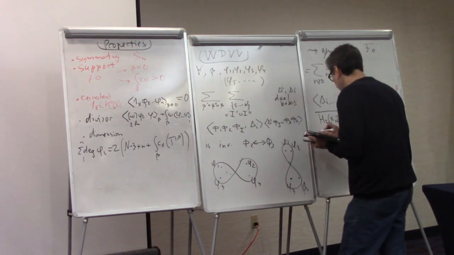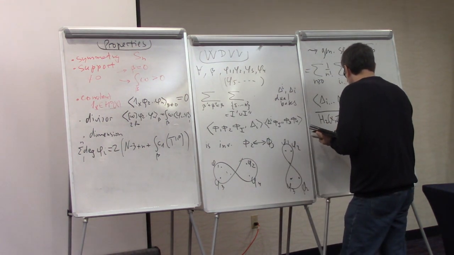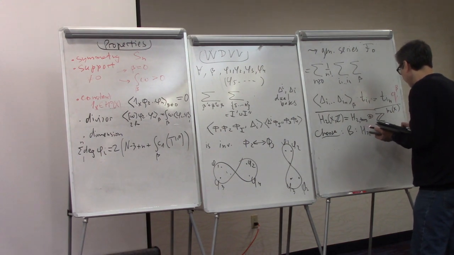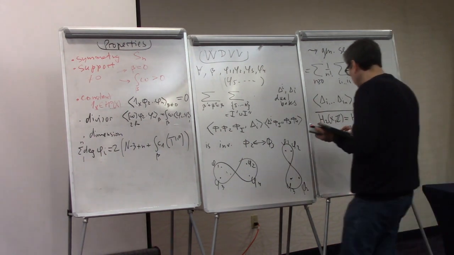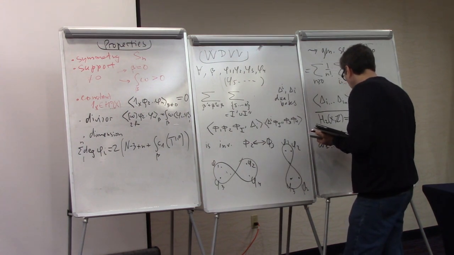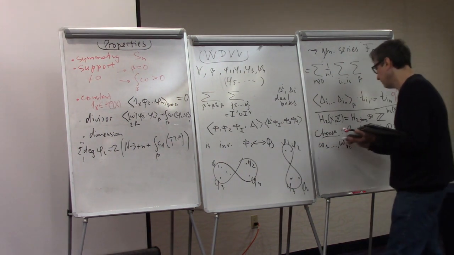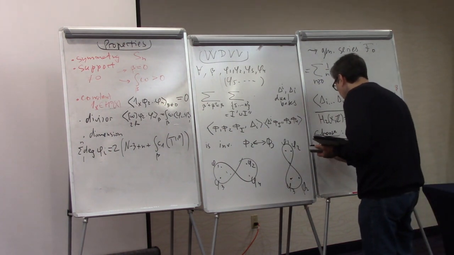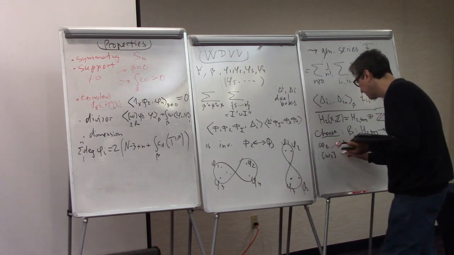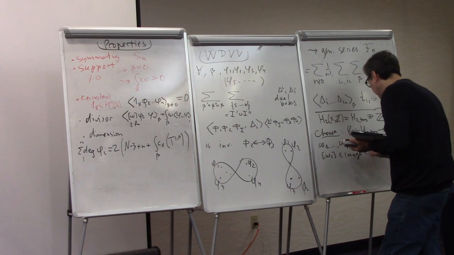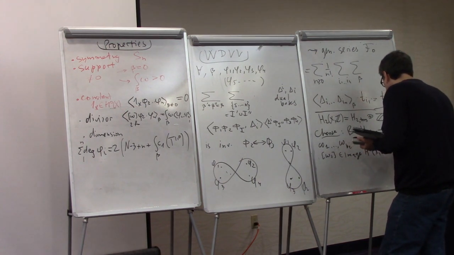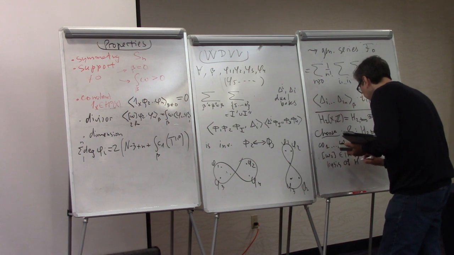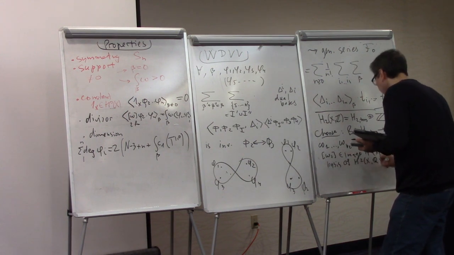So let's just choose some map capital B from H to torsion to U mod Z. And also choose some classes, omega 1 up to the second Betti number, which will be symplectic forms, such that the homology classes belong to the image of integer homology, and they form a basis of H2 X mod Q.